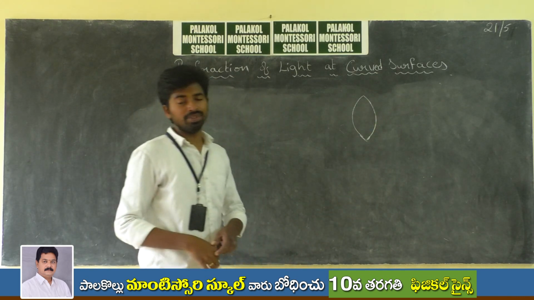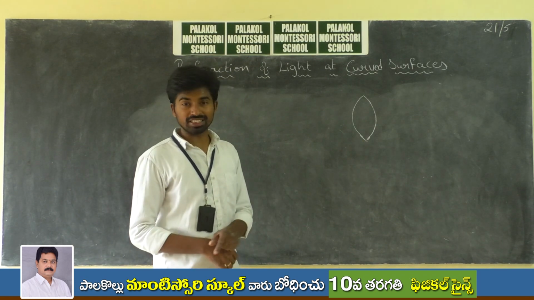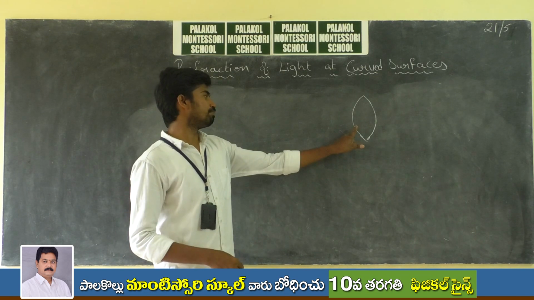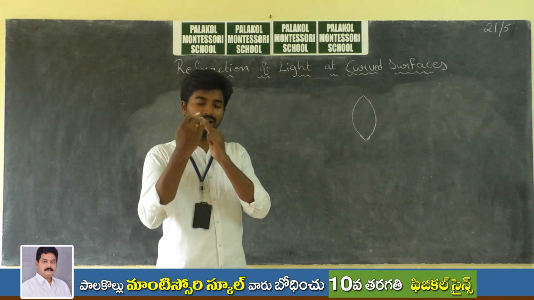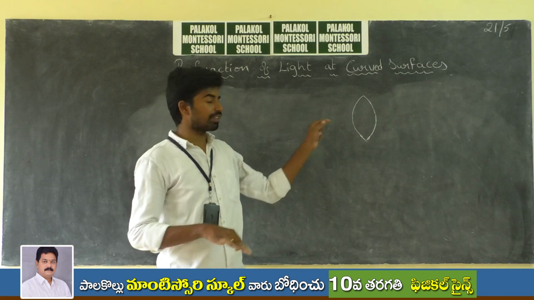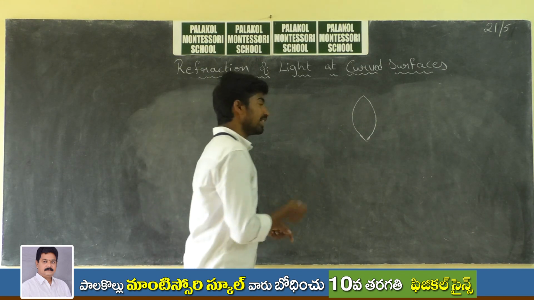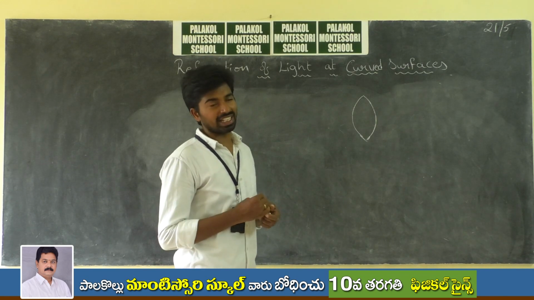So let us see some terminology of lenses. I have considered a convex lens, and it is bounded by two bulging surfaces. In this lesson we are dealing with spherical curves.